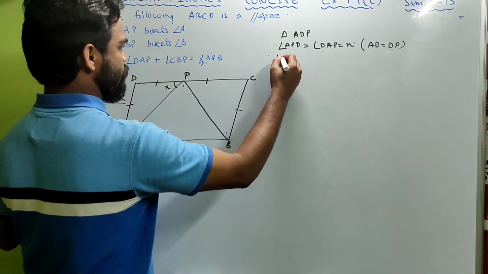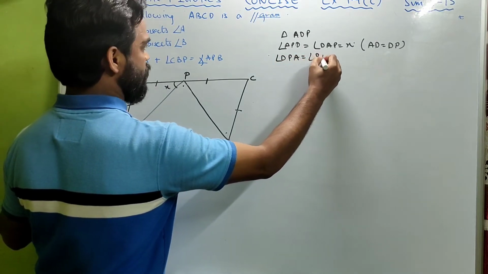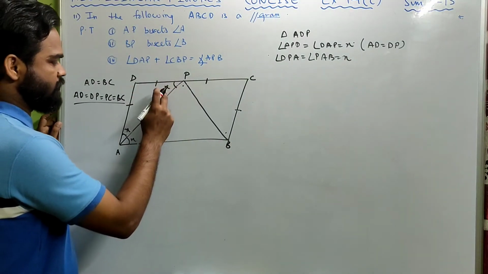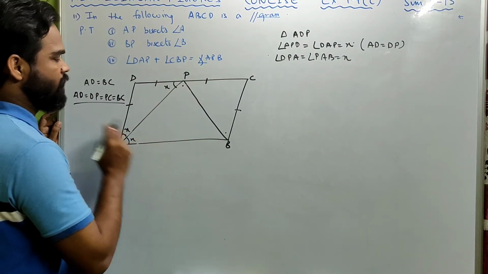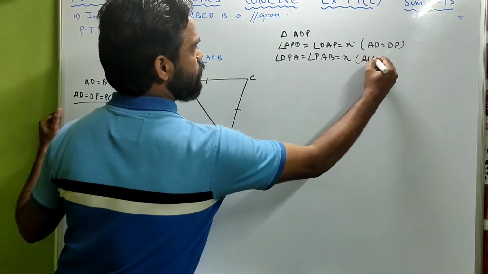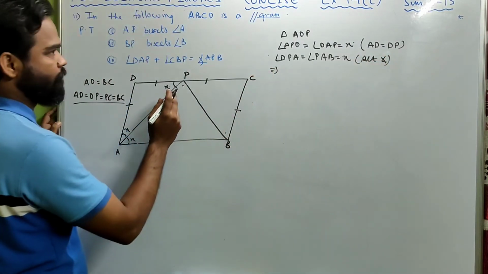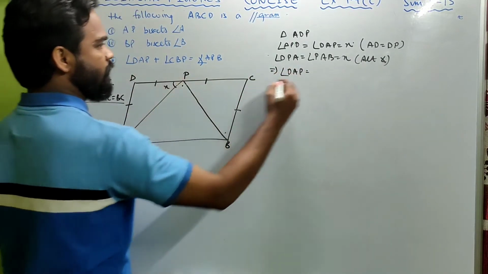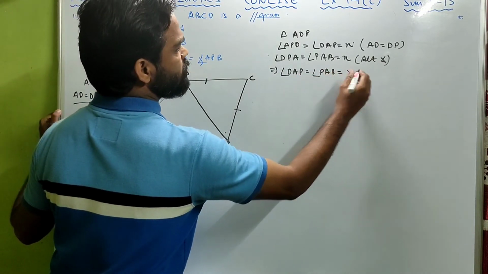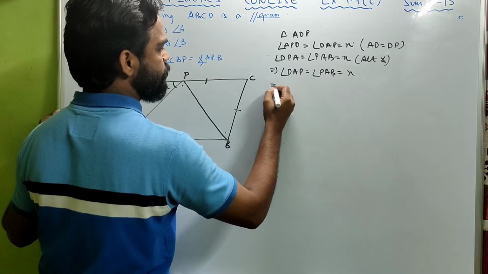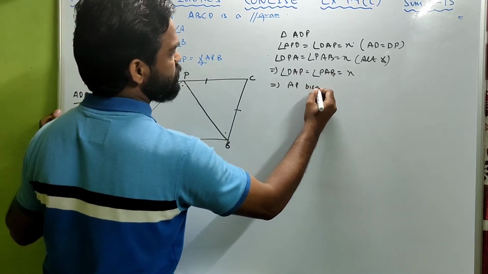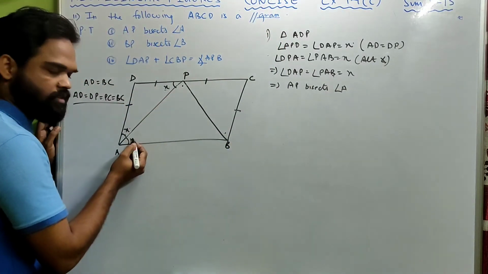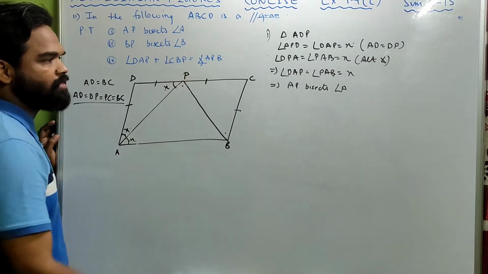DPA is equal to PAB is equal to x, alternate angles, which simply means that angle DAP and PAB are x, which means that AP bisects angle A. Done the first part.